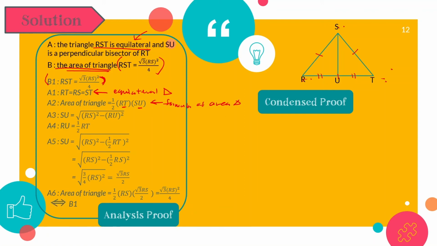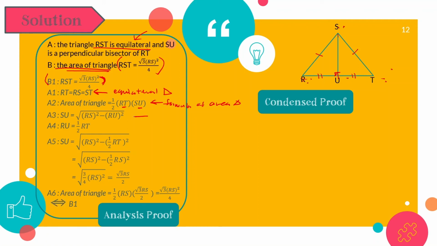Okay, so SU is equal to the square root of RS squared minus RU squared. This is 90 degrees because of the perpendicular bisector. So SU is equal to the square root of RS squared minus RU squared.